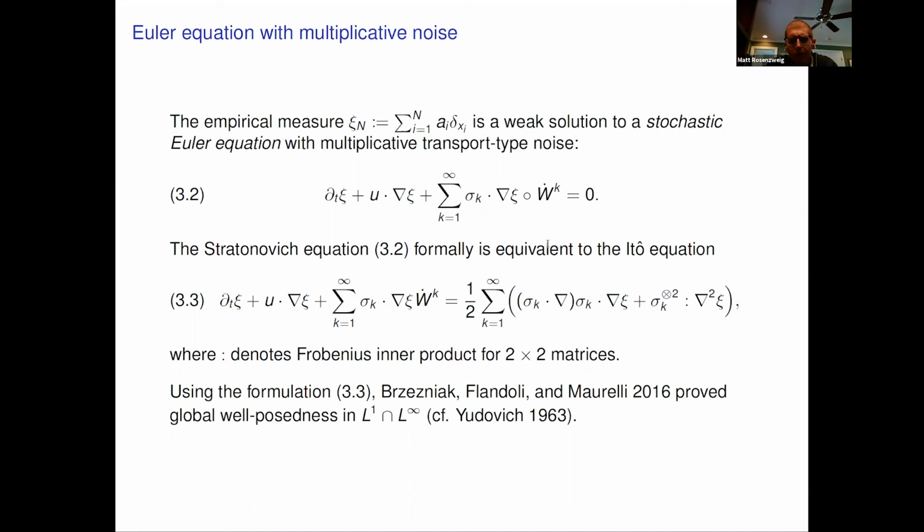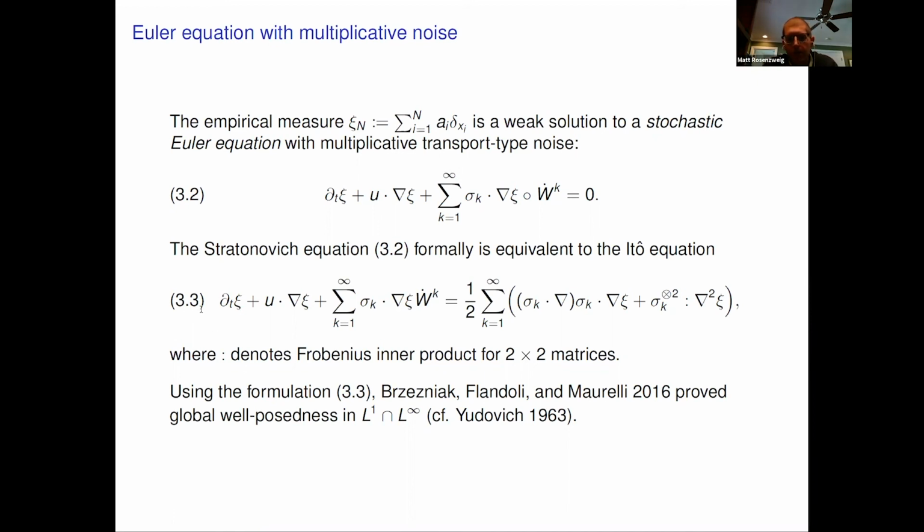So the Stratonovich equation is formally equivalent to an Ito equation, and that's given by 3-3. We pick up these corrections on the right-hand side, and here the colon denotes the Frobenius inner product for 2x2 matrices. And in fact, the mathematical interpretation, or work on this stochastic Euler equation, is based on this Ito formulation in 3-3.